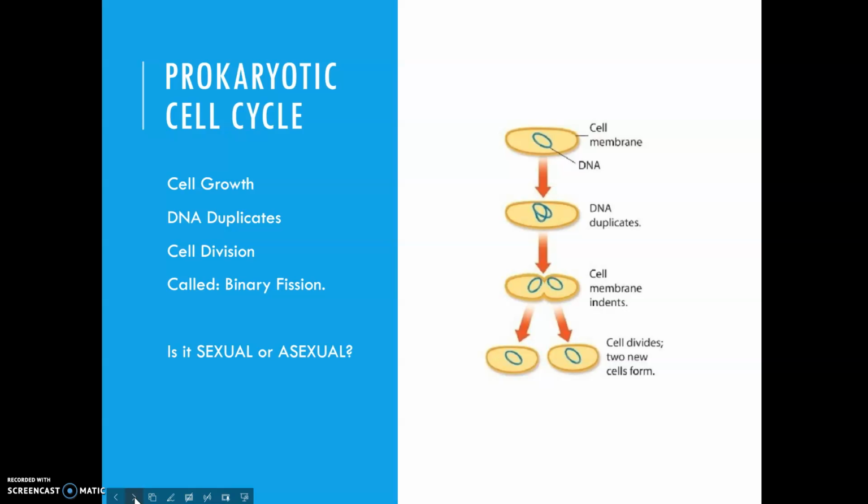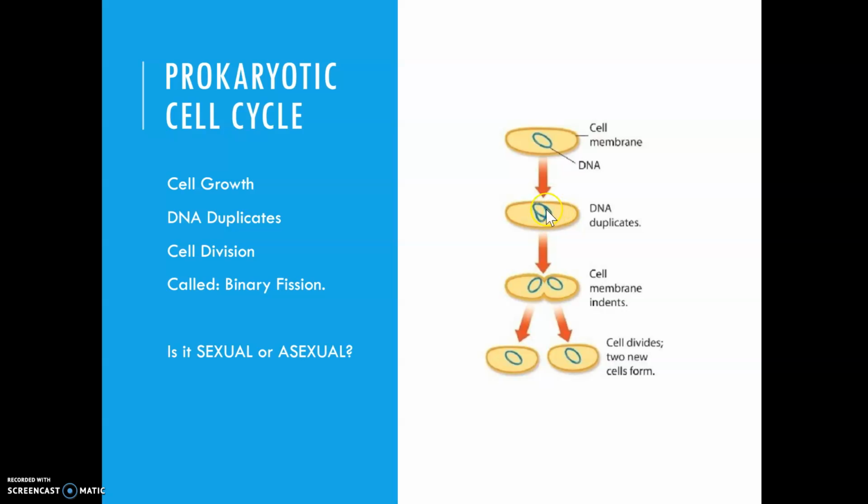So prokaryote or bacterial cell reproduction is really simple. You just start with a single cell and it will grow, and then the cell duplicates its DNA.